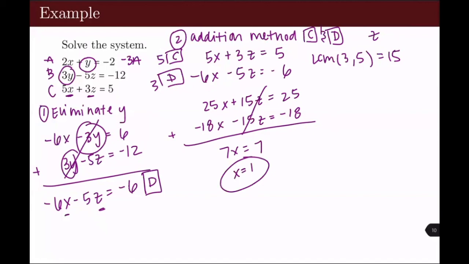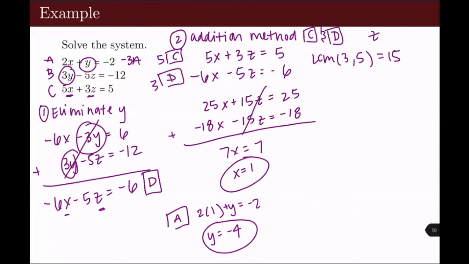So let's see, equation A says 2x plus y equals -2. So I'm using equation A here. That means 2 times 1 plus y equals -2, which means y equals -4, if I subtract that 2 to the other side.